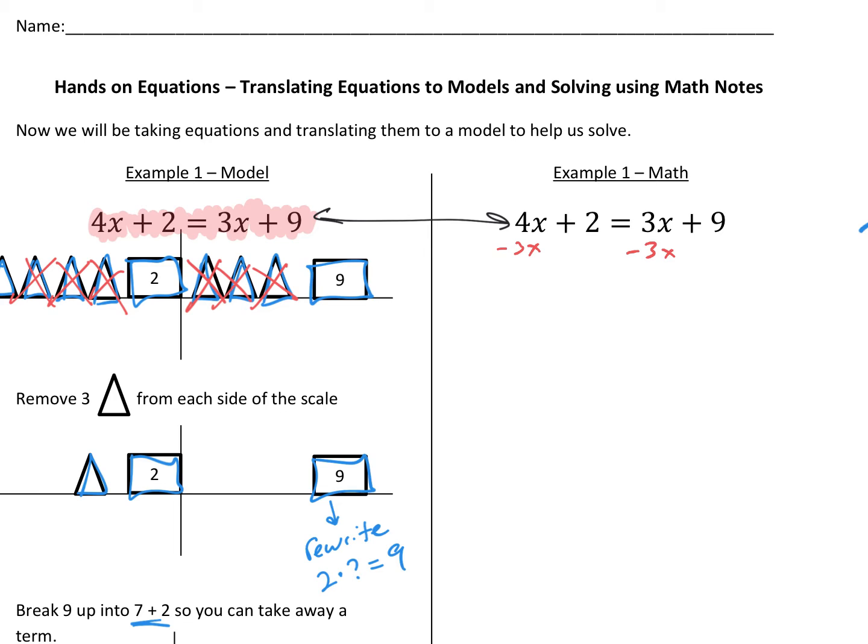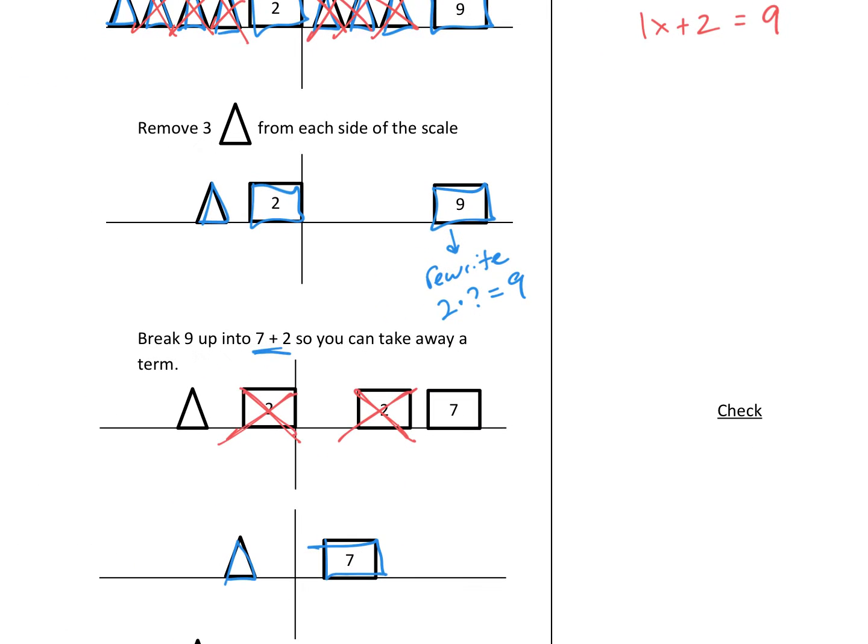Now, when we subtracted 3x from both sides, we were left with a pawn and a 2 on the left side. So that means we'll have 1x and a 2 on the left side. And then we were just left with a 9 on the right side. From there, we were trying to eliminate a number 2 from both sides. And we took the 9 and we split it up into a 2 and 7.